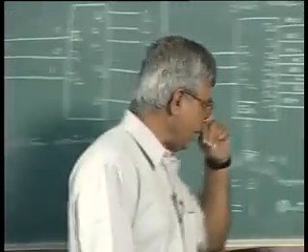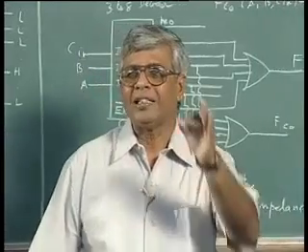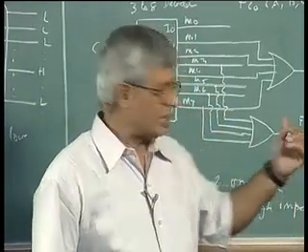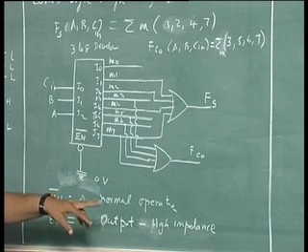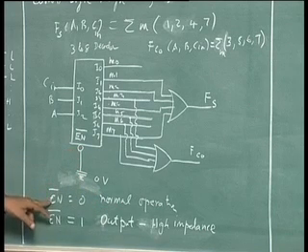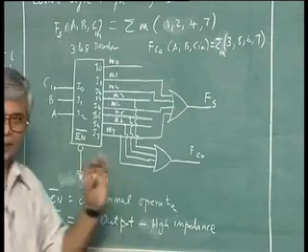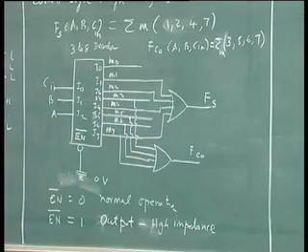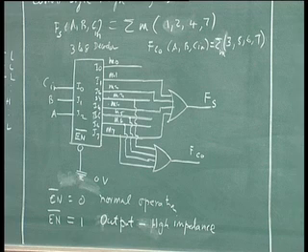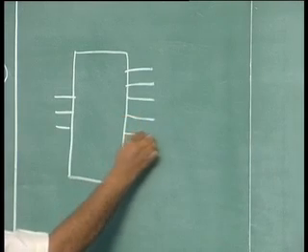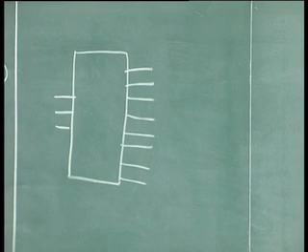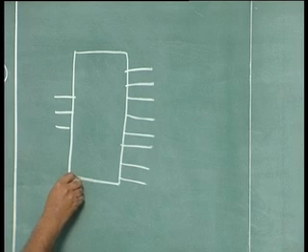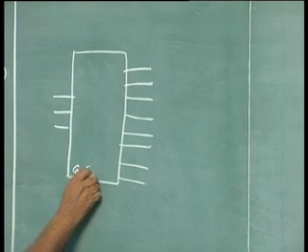So, we have a gate function called tri-state gate function, which is what will be put in output for these operations. We will come to that, but there can be more than one enable. This is only one enable. In a practical decoder like 3 to 8 decoder, generally there are 3 enables: G1, G2A, G2B.